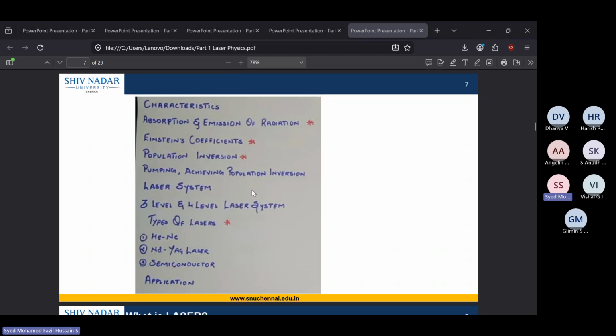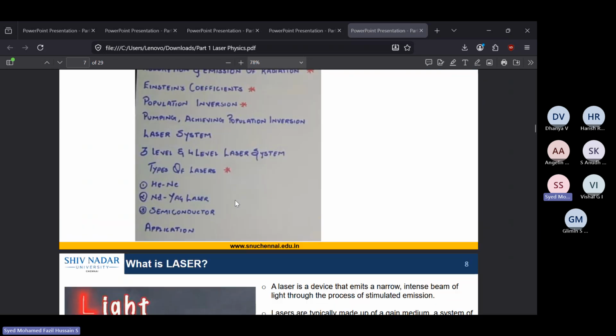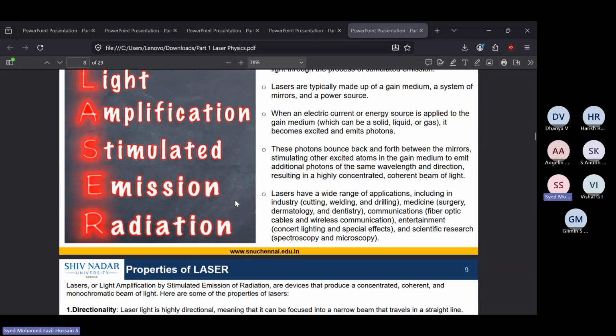And pumping, achieving population inversion. These are all the topics that we are going to see in the upcoming slides. We have different types of laser, like optical laser, semiconductor laser, gas laser, and so on. So first let's see what a laser is.